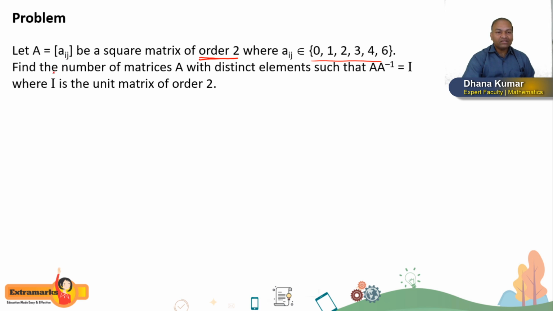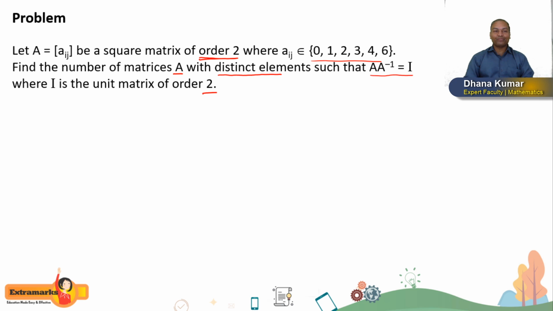Find the number of matrices A with distinct elements, distinct meaning different elements, such that A into A inverse is equal to I, where I is the unit matrix of order 2. That is the question. Question understood or not?